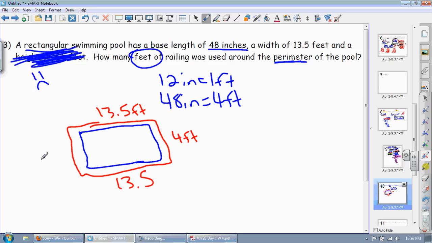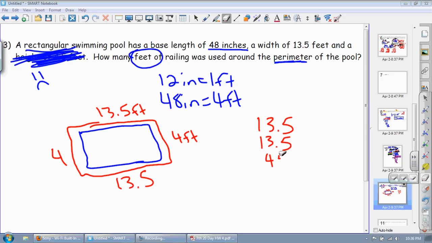So 13.5 plus 13.5 plus 4. I almost messed this up. Remember, don't forget to line up your decimals, so it'd be 4.0 plus 4.0. And I know there's different ways to find perimeter, so if you don't like this way, then don't do it this way, but I do.